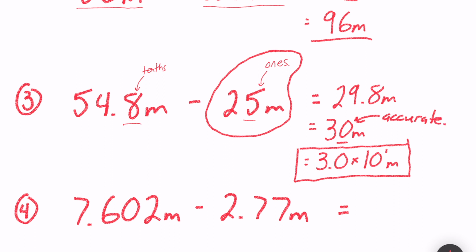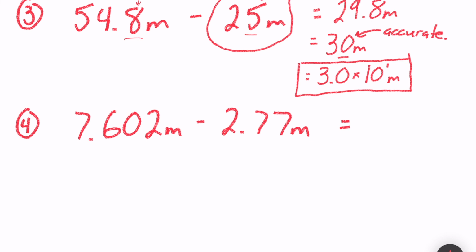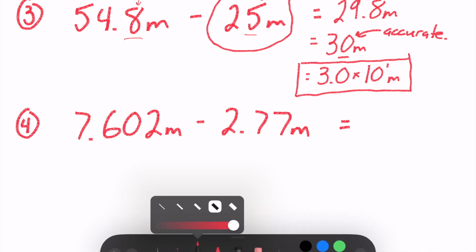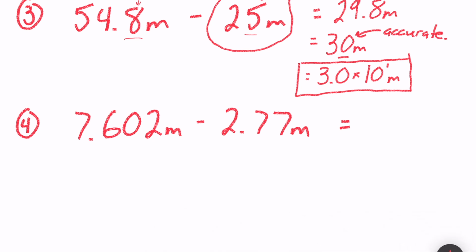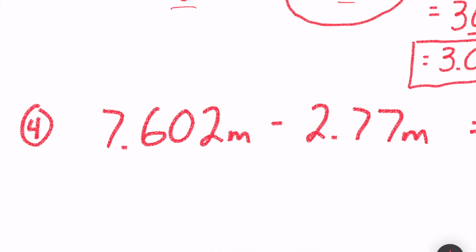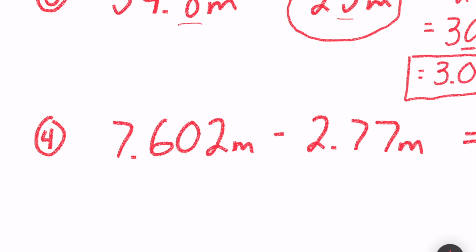All right, the final example, we have 7.602 meters, and we are subtracting 2.77 meters. We're going to do the exact same thing as before. Let's see what we are accurate to in our measurements. In 7.602, we are accurate to this 2 right here, so this is our thousandths position.